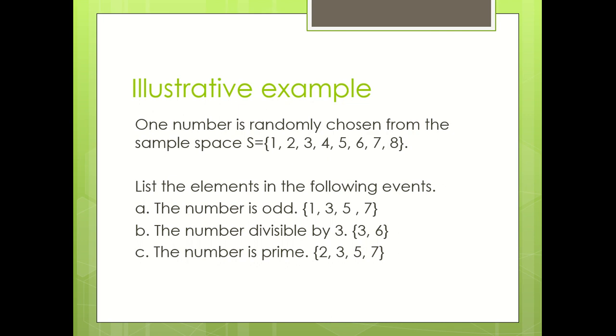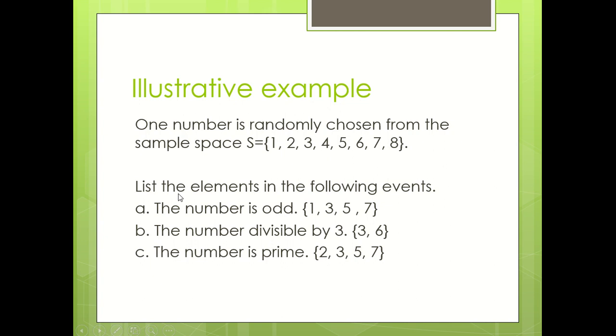By the way, sample space is a set, and algebra would tell us that a set is named using a capital letter such as S, and the members of the set, such as 1, 2, 3, 4, 5, 6, 7, and 8, are called the elements of the set S. It is enclosed by the braces, and these elements are separated by a comma. That is how to properly name a set.